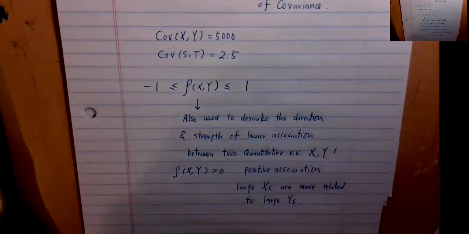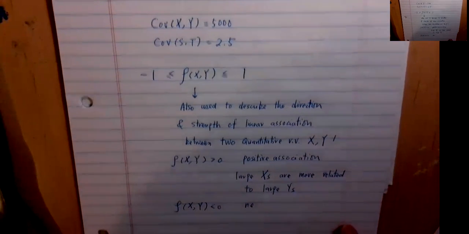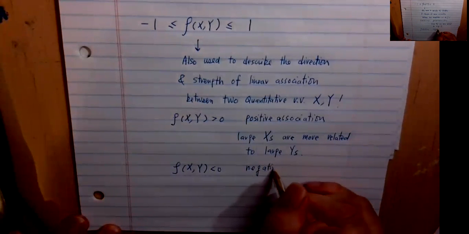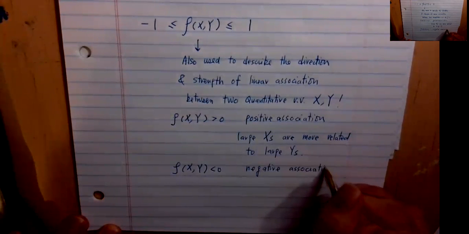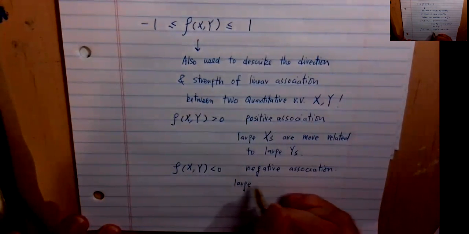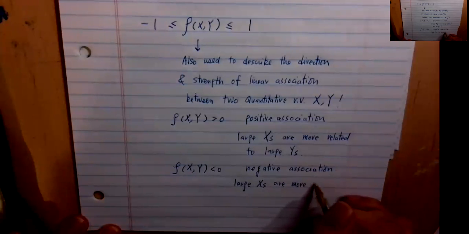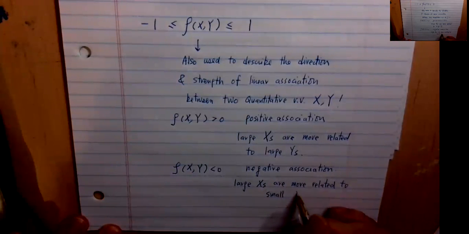Now, rho of x and y less than 0 means negative association. Negative association means large x are more related to small y's.